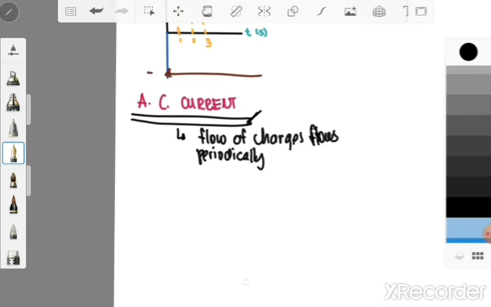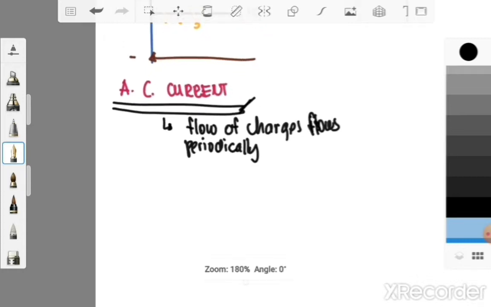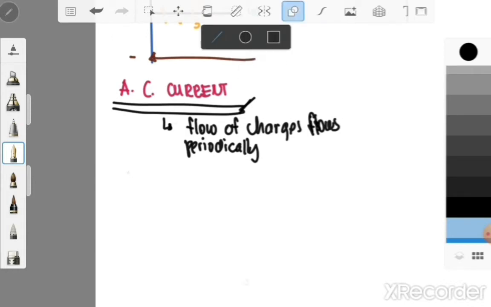So therefore, your I is not constant. It changes as the time increases, in the form of a sine wave. Okay?